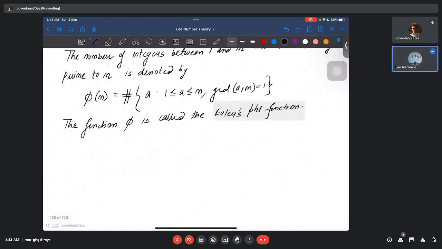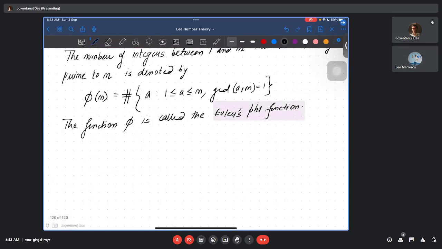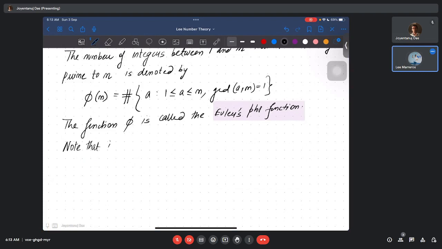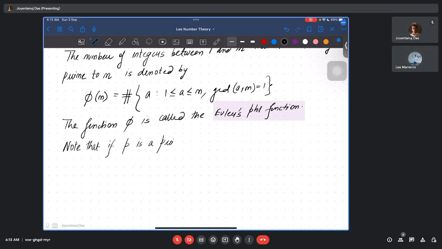One observation is, note that if p is a prime number, then every integer strictly less than p is relatively prime to p. That we already know.